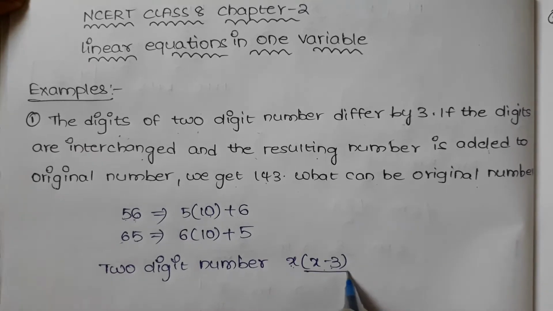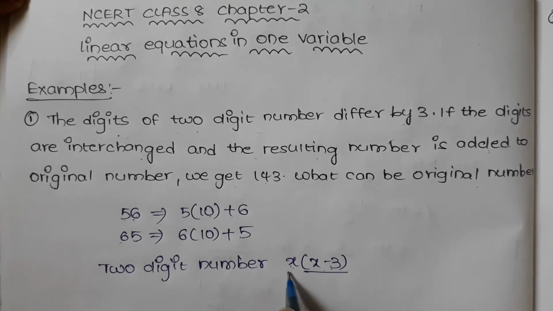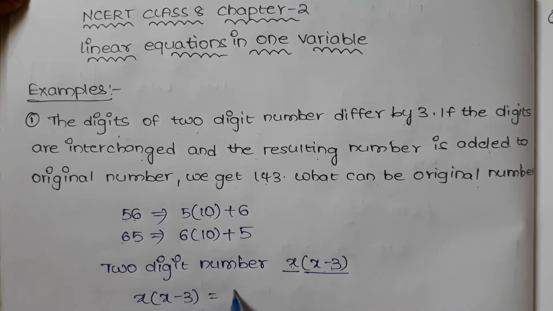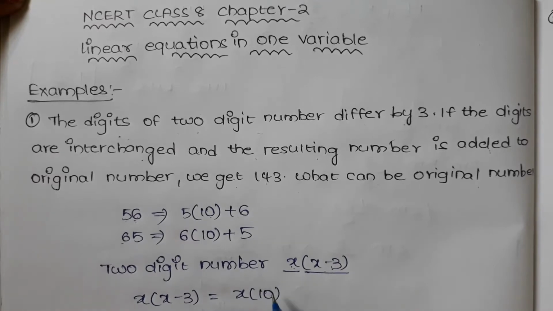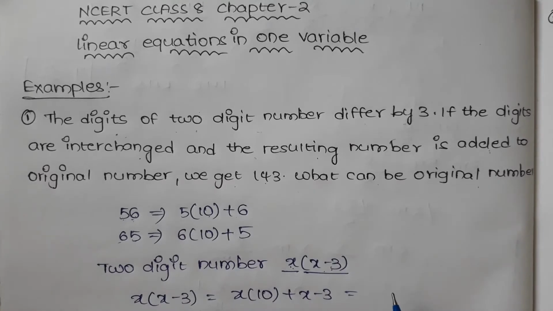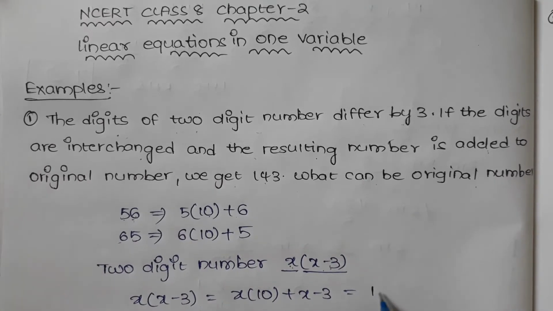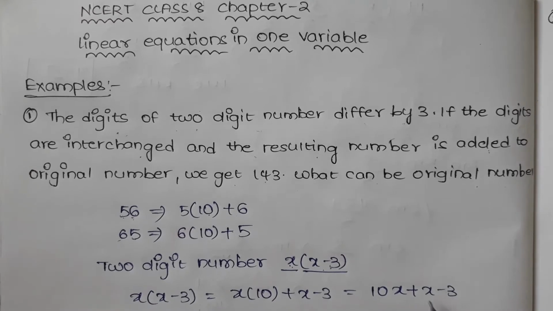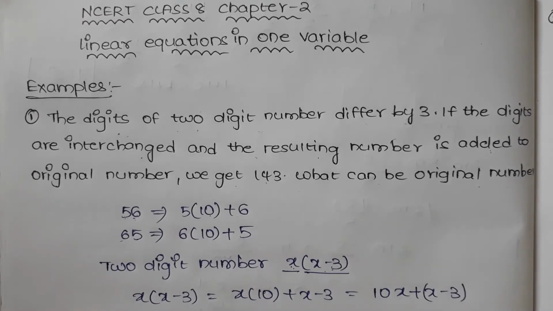Here x minus 3 is the units place and x is the tens place. It can be written as 10 into x plus x minus 3, so the required number is 10x plus x minus 3.